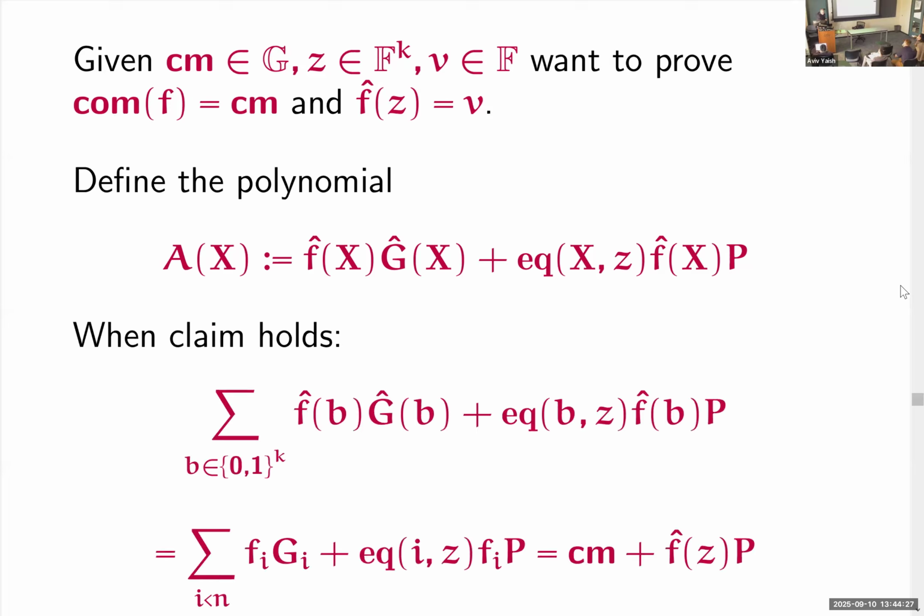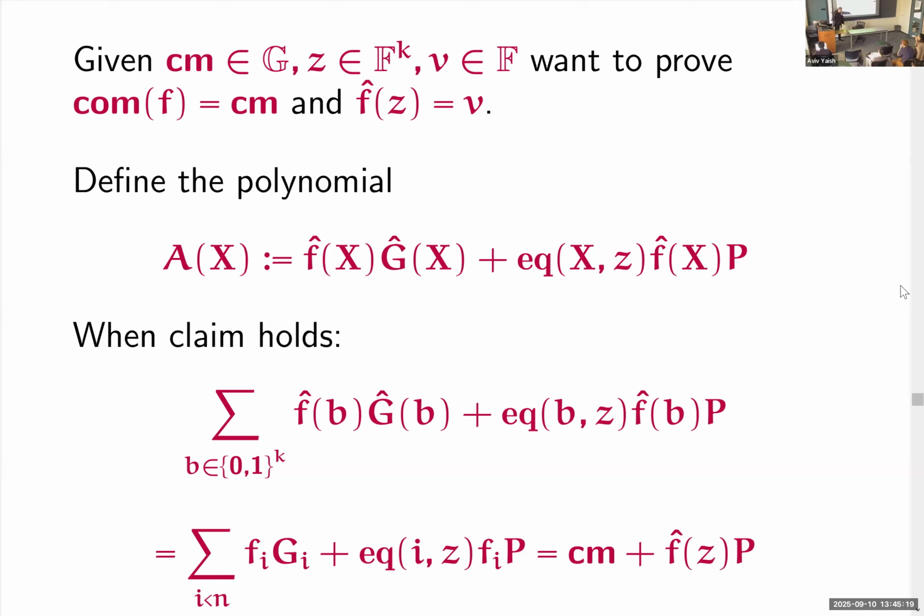So let's see what the sum of this polynomial over the Boolean cube looks like when the claim is true, when the commitment of f is Cm and f hat(z) is v. It's the sum of f hat(b) G hat(b) plus EQ(b, z) f hat(b) P. Now these values f hat(b) G hat(b) are just the values f_i g_i, so the sum over f_i g_i is just going to give us Cm.